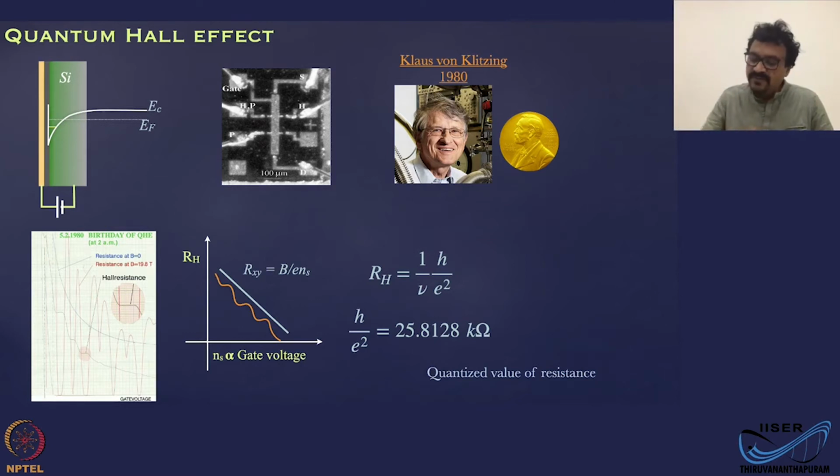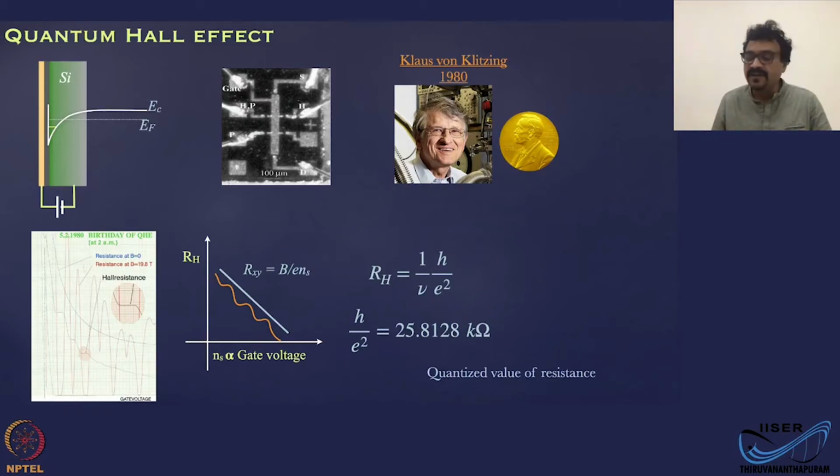I will give you an overview of what that effect is in this class. Now, how that effect is used in technology is called quantum electrical metrology, as a universal resistance standard.